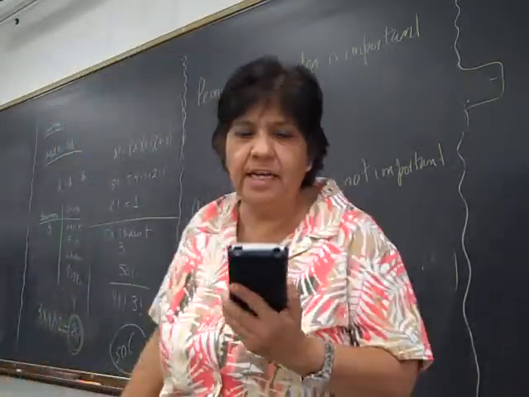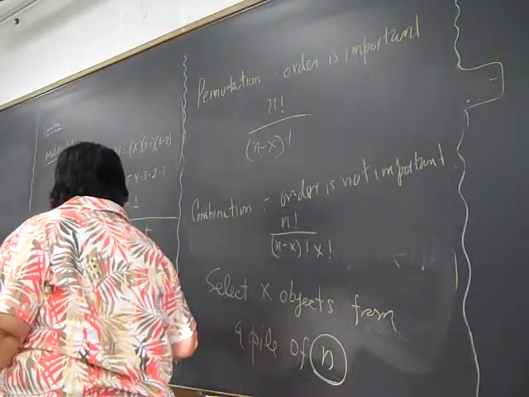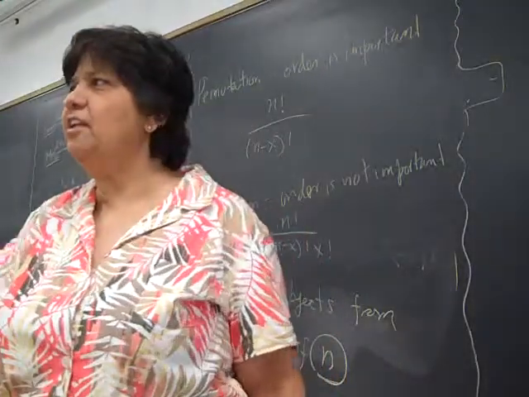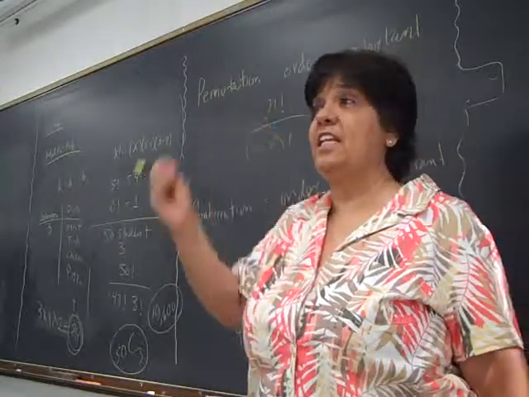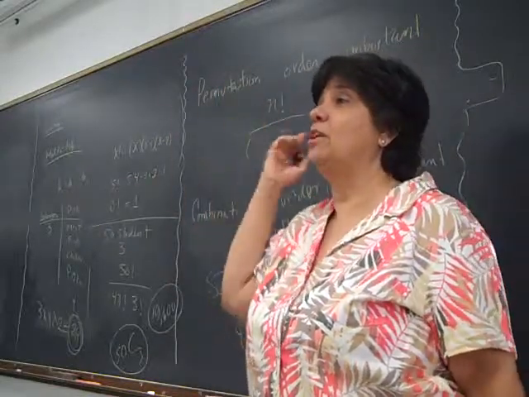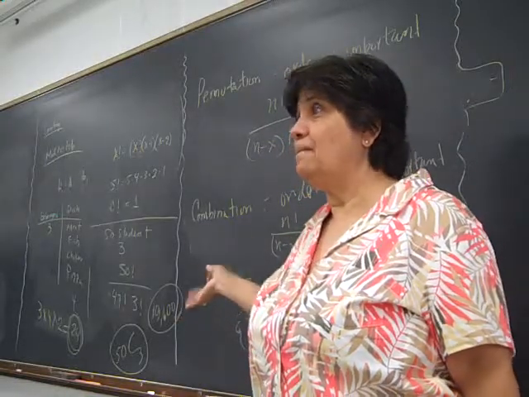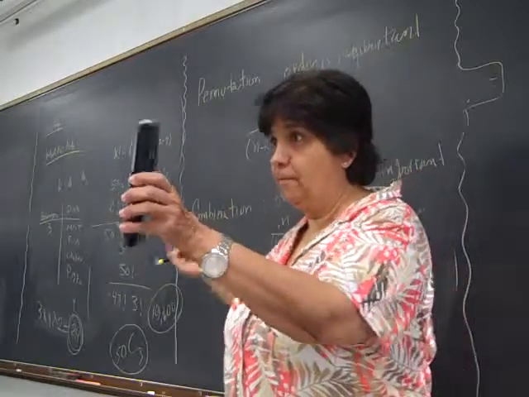It's going to be 19,600. So I have 19,600 different ways that I can select 3 students from a total of 50. A lot. Right? You got it?